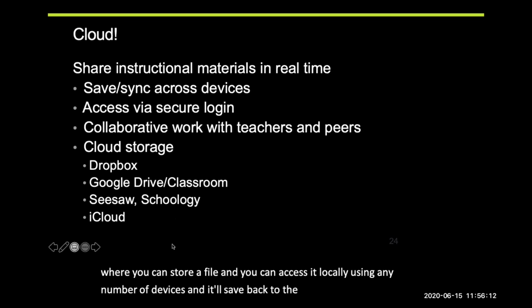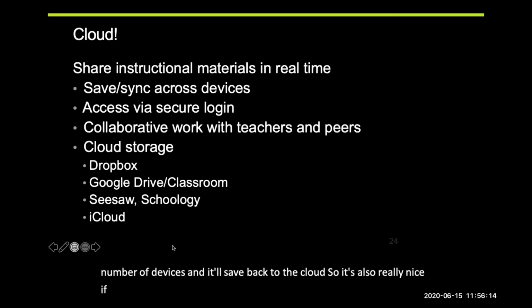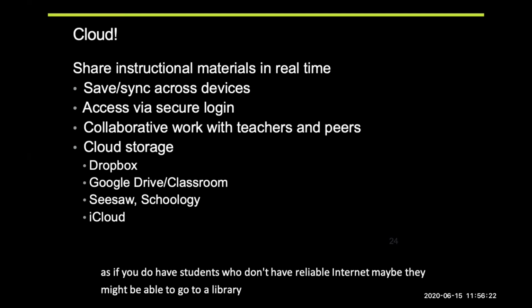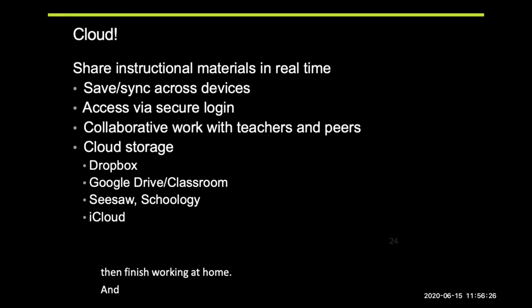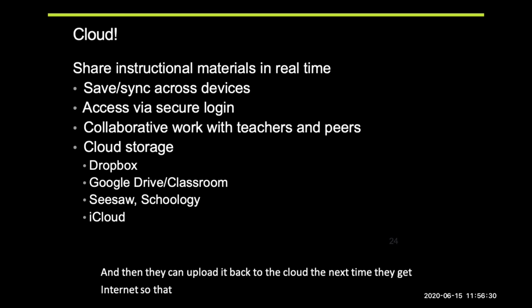What's also really nice is if you do have students who don't have reliable internet, maybe they might be able to go to a library, download everything they need, and then finish working at home. And then they can upload it back to the cloud the next time they get internet. So that can also be a workaround if the student does not have really good, reliable home internet.